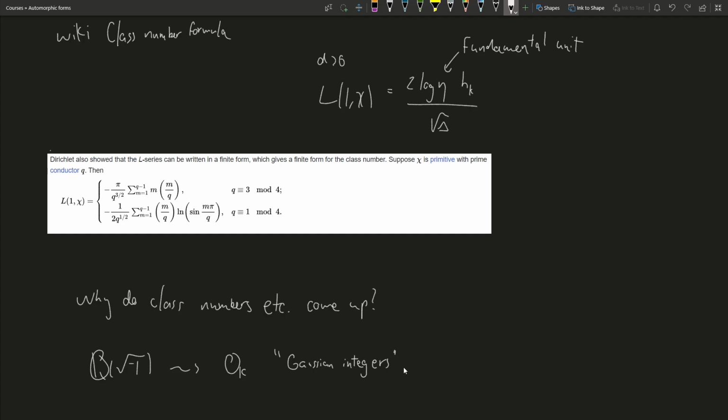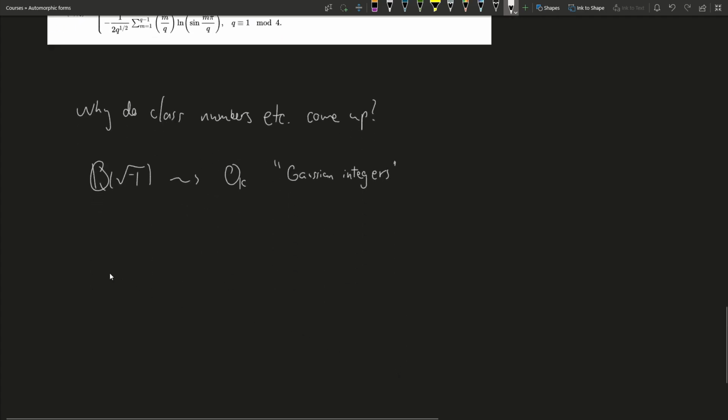And there's a norm, and the norm of a plus b times the square root of minus 1 is equal to a squared plus b squared. So it's telling you sum of two squares, right?